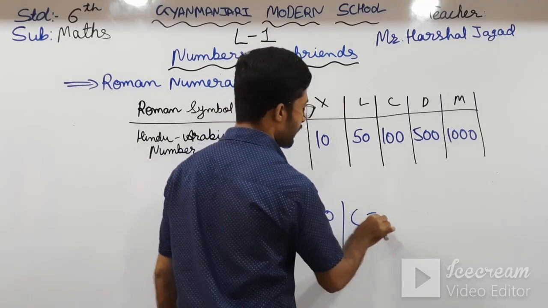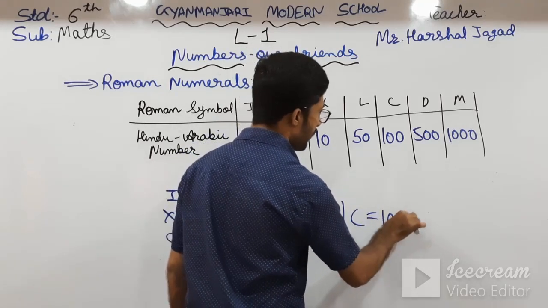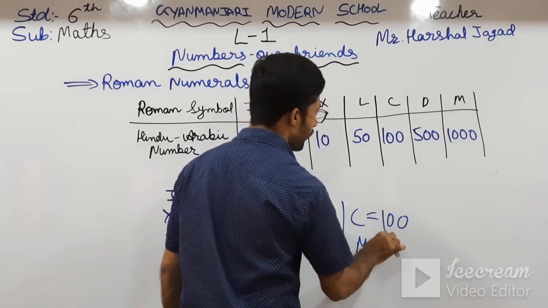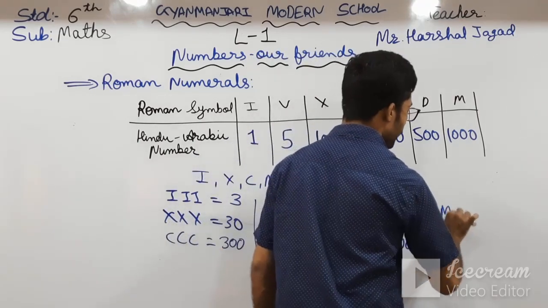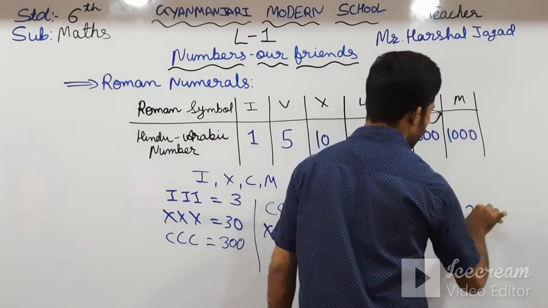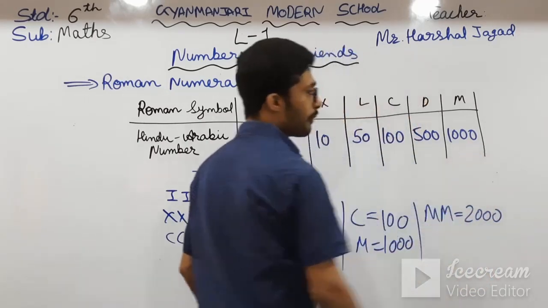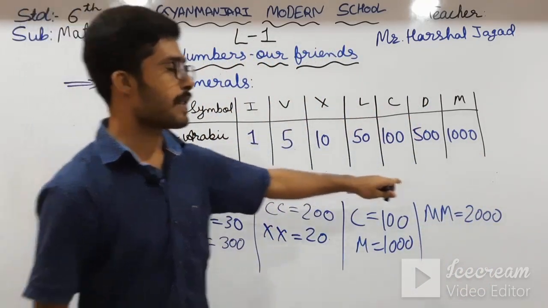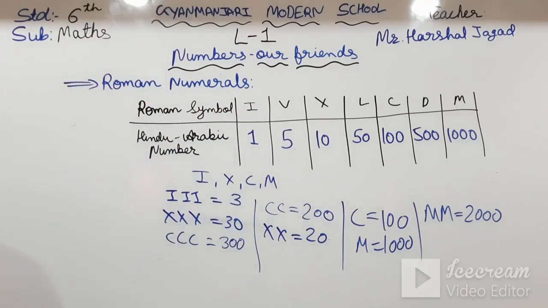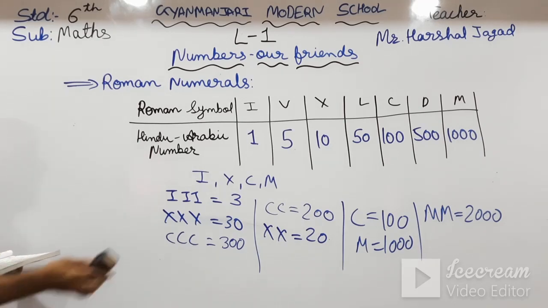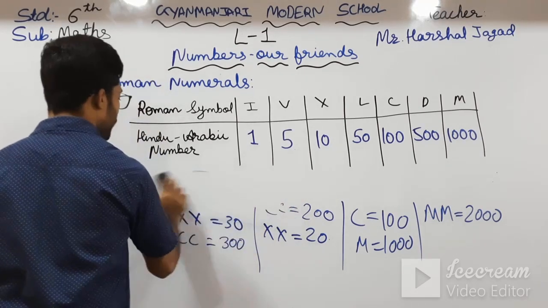Here only C, you can write 100. Only M, you can write 1000. And double M, you can write 2000. Why? 1000 plus 1000, that is 2000. Okay students, this is the rule number 2. Next, rule number 3. Now we will see the rule number 3.